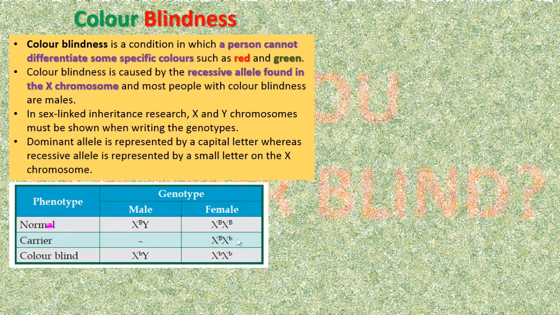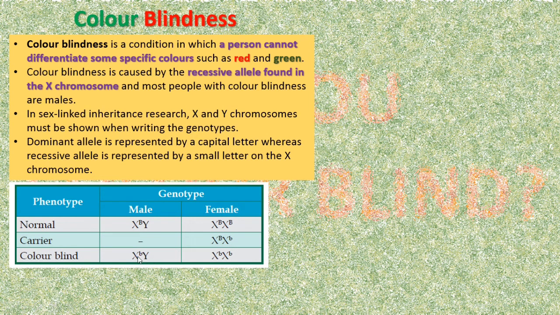So if one of the alleles is recessive, the female is a carrier. Okay, and color blind for male, bila ada recessive allele b kecil, so dia adalah color blind.